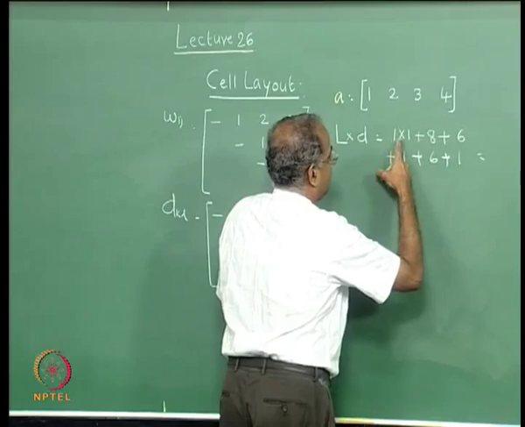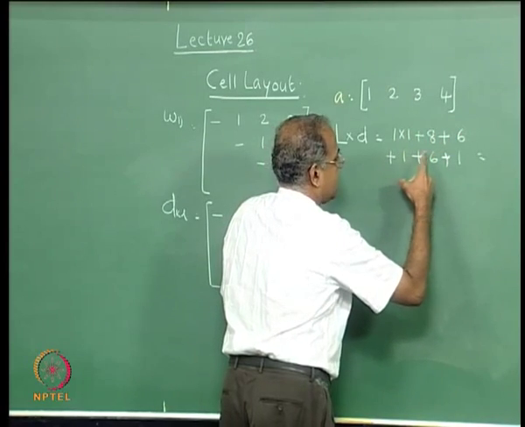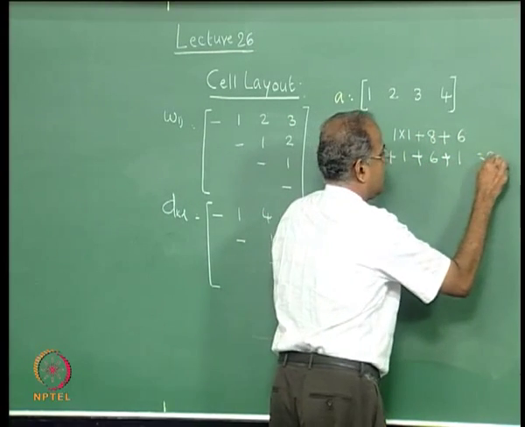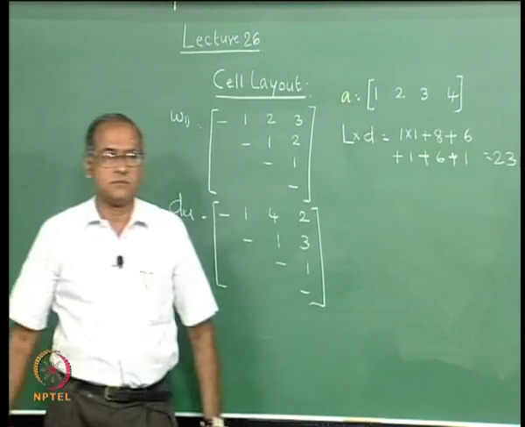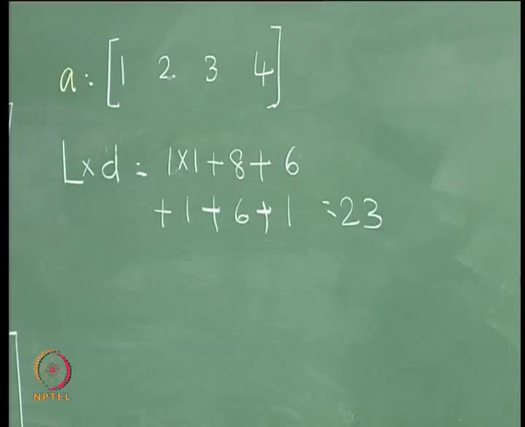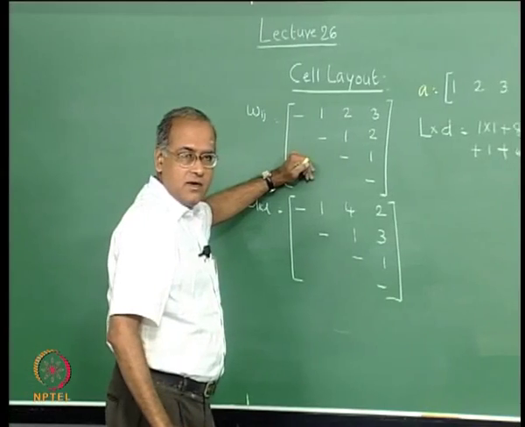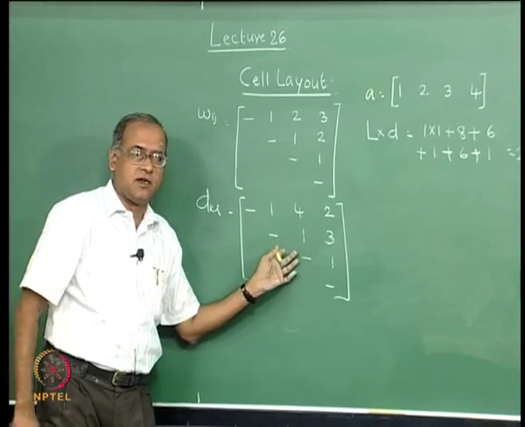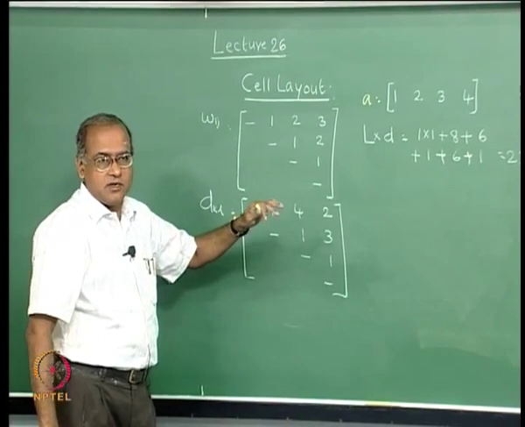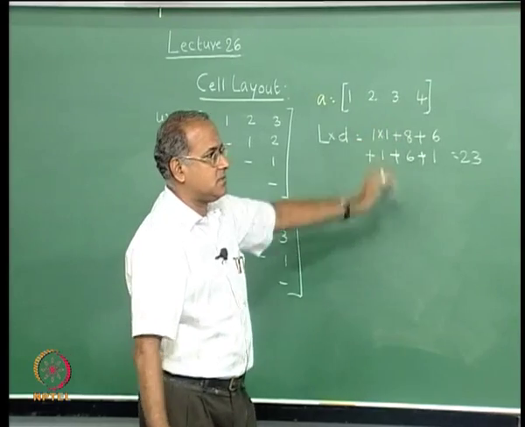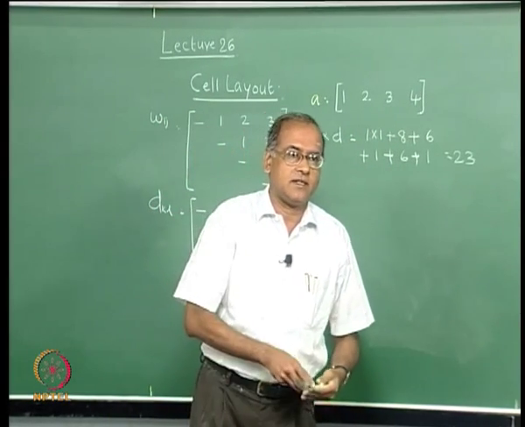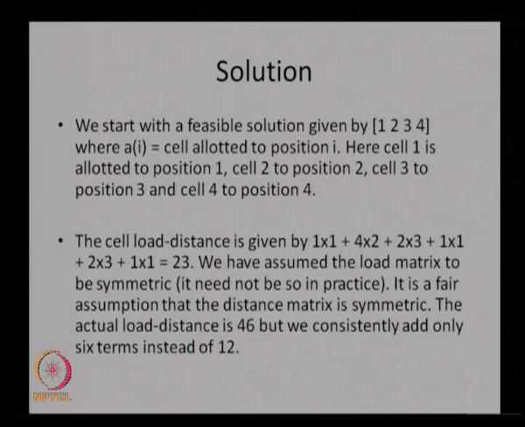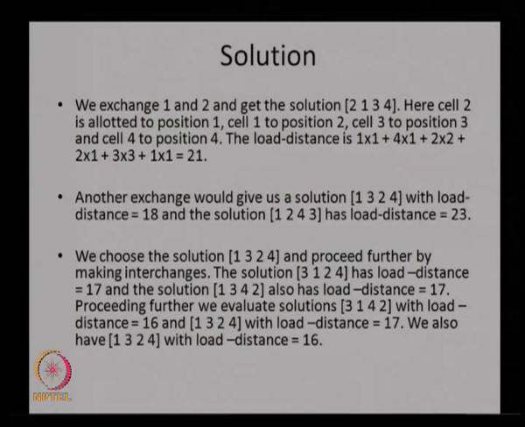So, this will be 1 plus 8, 9, plus 6, 15, 16, 22, plus 1, 23. It is actually multiplied by 2 considering the symmetry, as I mentioned, this symmetry is assumed. So, that 46 becomes 23, which is what is shown in the slide, that the load distance is given by 23.